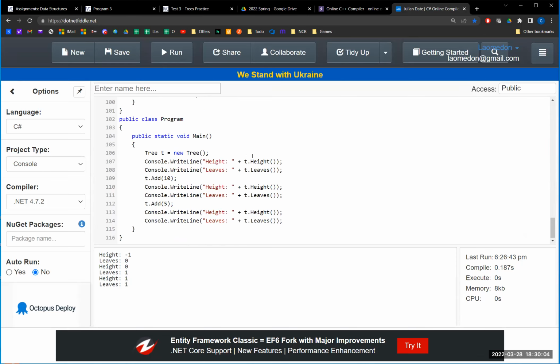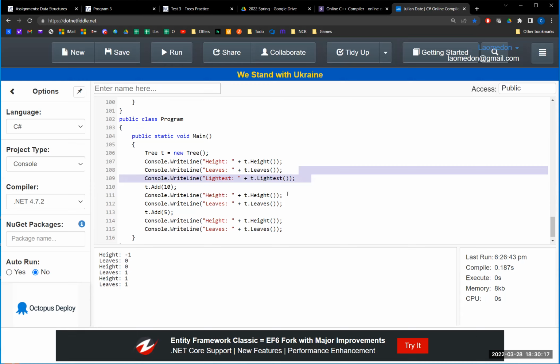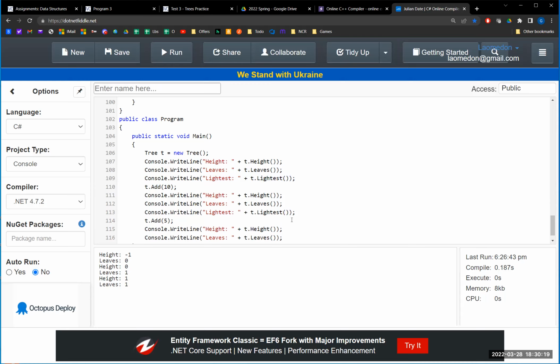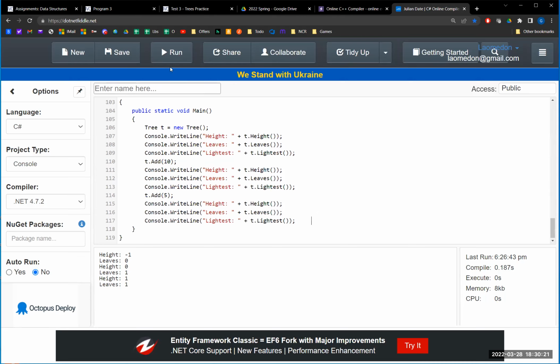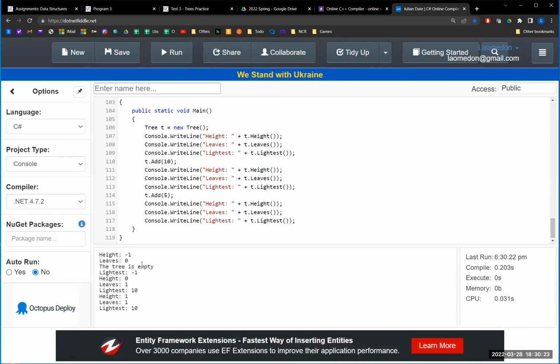This one's just using it. I'm using names and numbers. So it's not fully the same idea, because we'll be looking at a different data point, but same general idea. Empty tree. So we're saying the lightest is -1, then the lightest is 10.